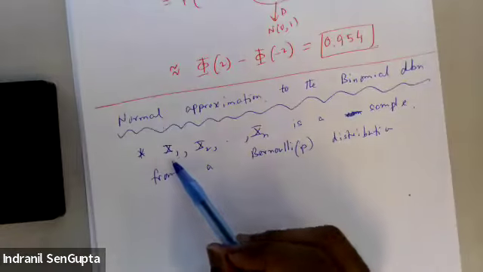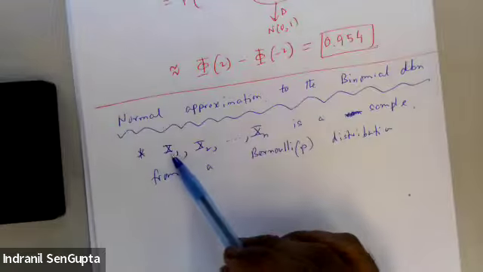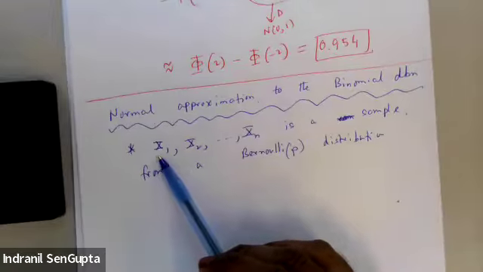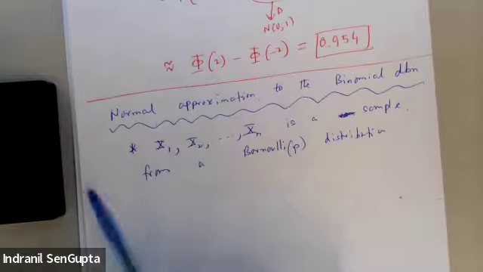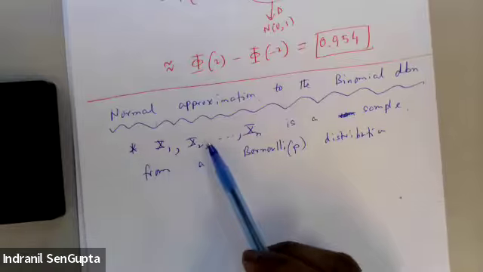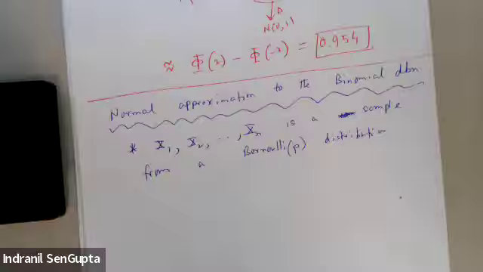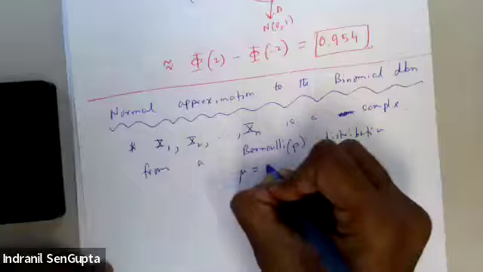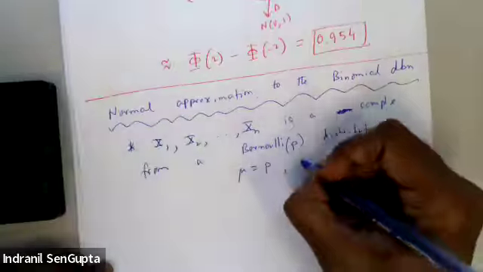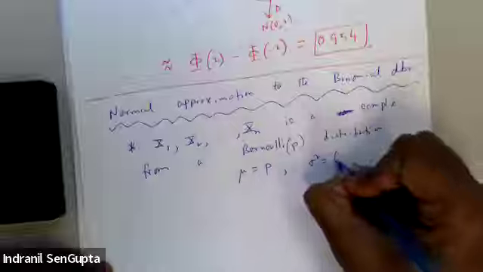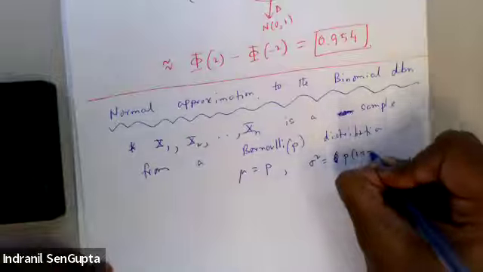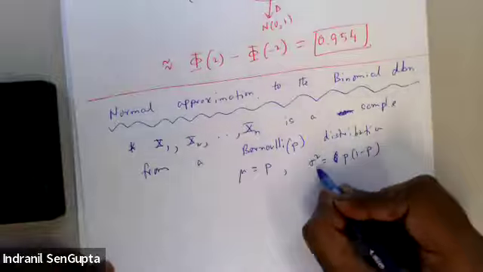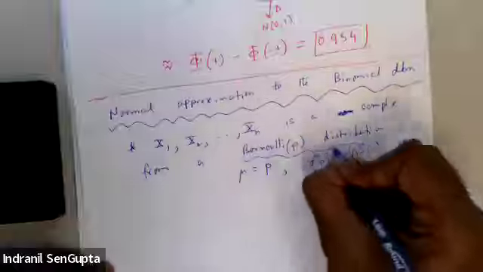That means for every outcome X1, X2, ..., Xn, there are two possibilities. The outcome of X1 can be 1 with probability p, 0 with probability 1 minus p. The same is true for X2 and so on. Therefore, we know that mu is p, and sigma squared is p times (1 minus p), right? That is the mean and variance for a Bernoulli distribution.